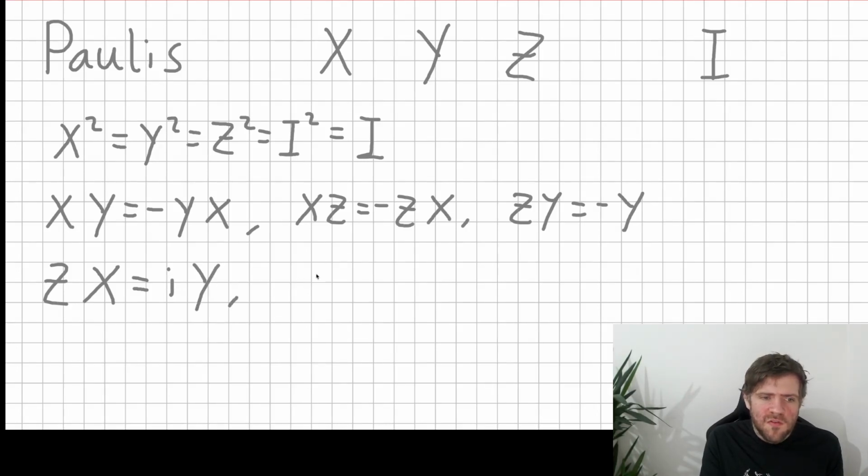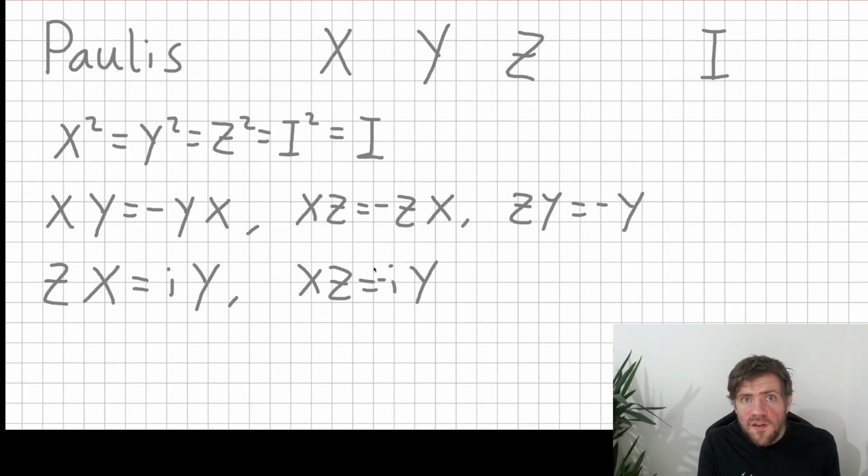Or we could also have that x times z is equal to minus i y. And I leave it as an exercise to the viewer to work out all of the rest of them. But up to a global phase, multiply two of them together and you get the third one. So these are the Paulis.